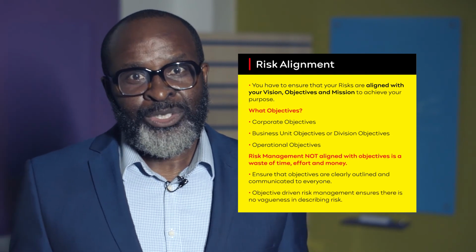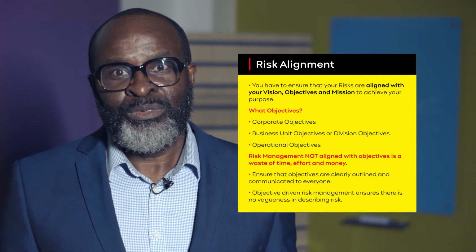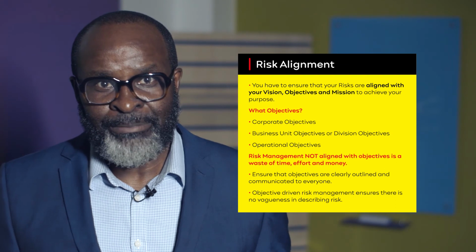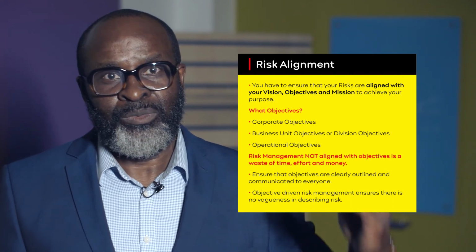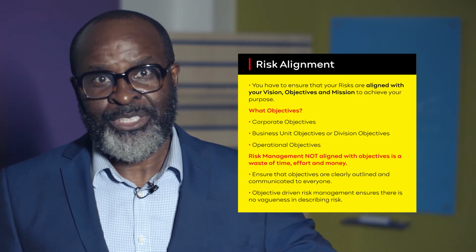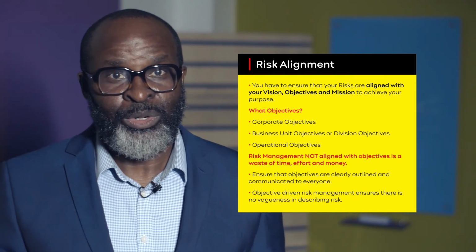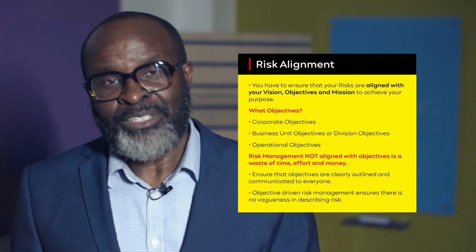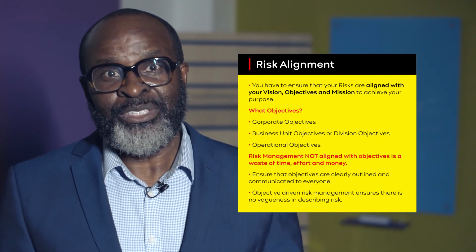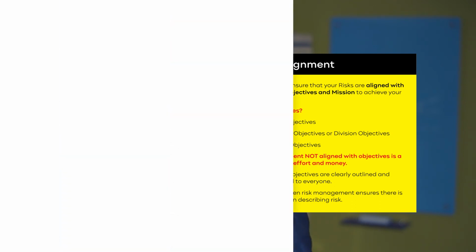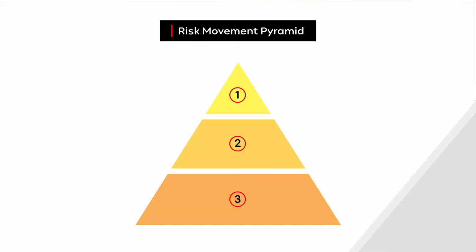Objective-driven risk management ensures that there is no vagueness in describing risk. There's always an alignment to something, whether it's your objective, like I mentioned, your vision, or your mission. So it's always important to make sure that there's an alignment with risk within your corporate structure. Let's take a look at this chart.